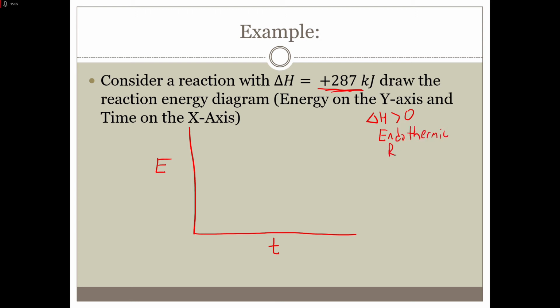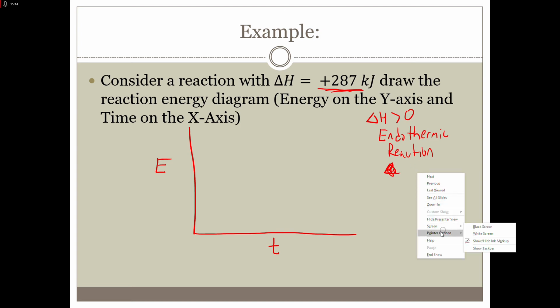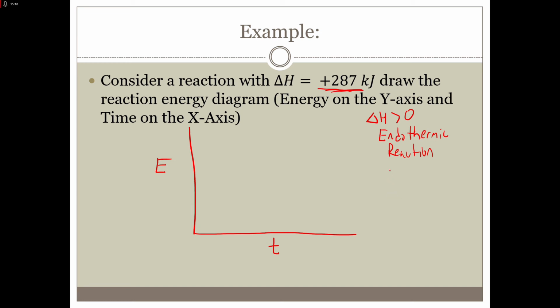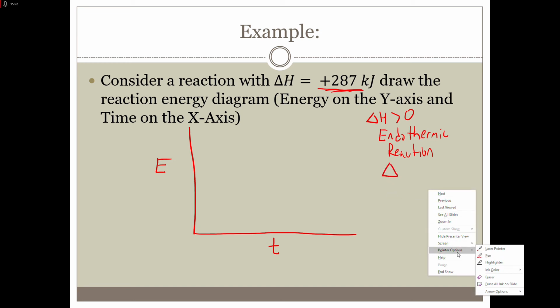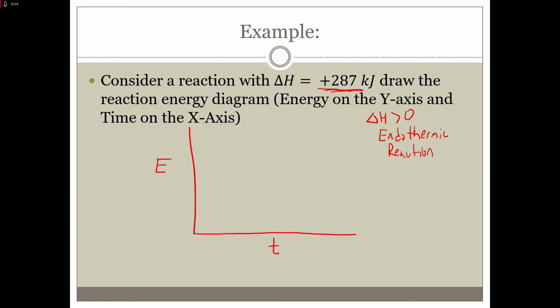And in an endothermic reaction, H of the products is greater than H of the reactants.